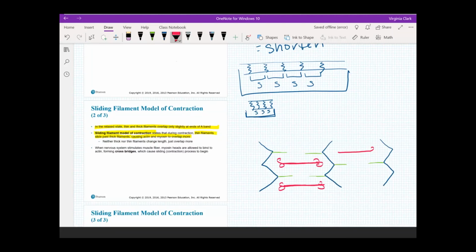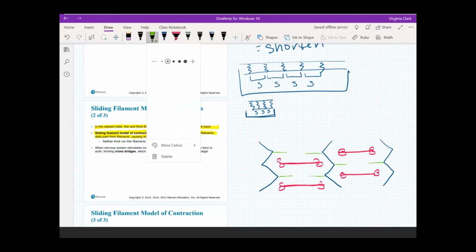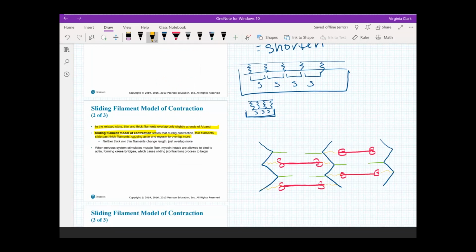But remember, it does not extend all the way to the end, and it does not touch the thin filament. But holding this in place was going to be our small little protein that was attached to the end of our thick filament. Okay, so this is the world we're living in.